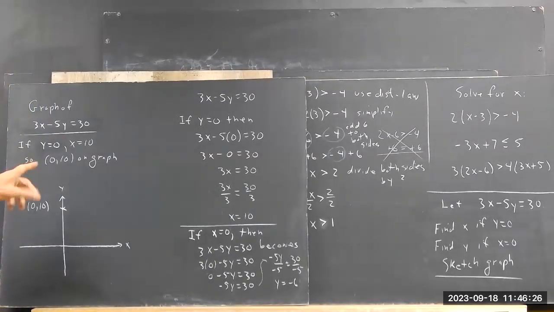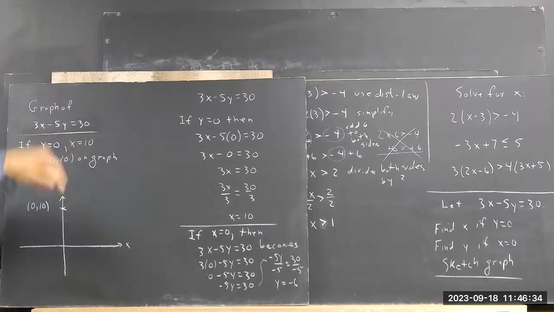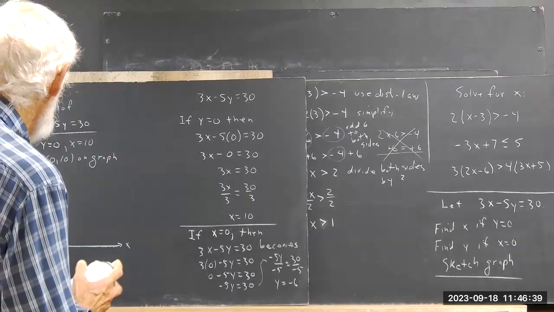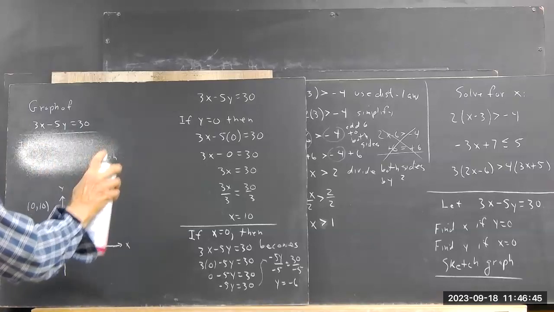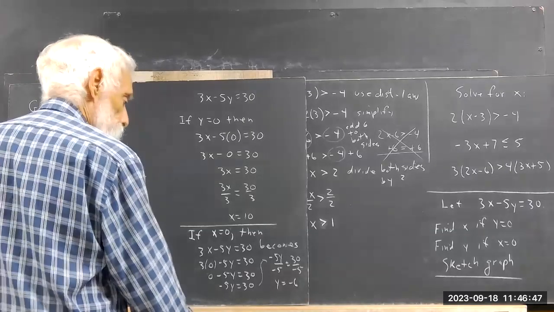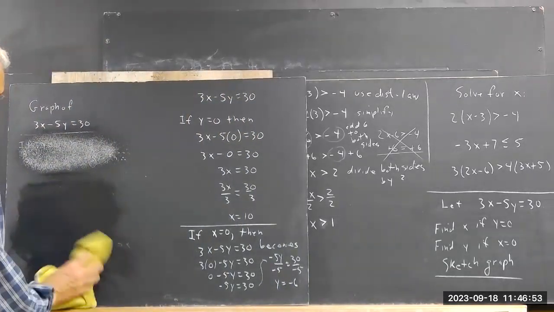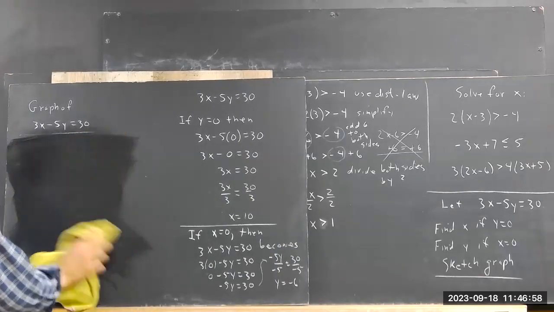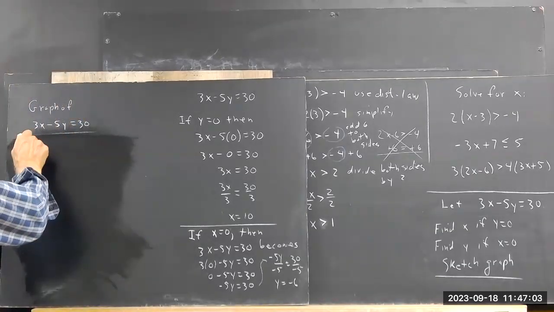So previously, we saw if y equals 0, x equals 10. And I must have gotten up out of the wrong side of the bed last night. So (0, 10) is on the graph. It's not right. I'm going to redraw all of this. And if you're watching this video, you have my apologies. I was focusing on some of the algebra and not paying enough attention to what I'm doing up here.